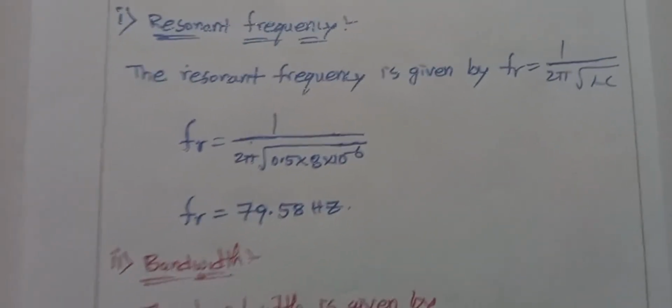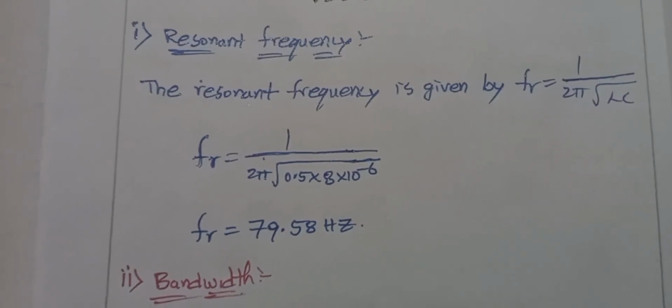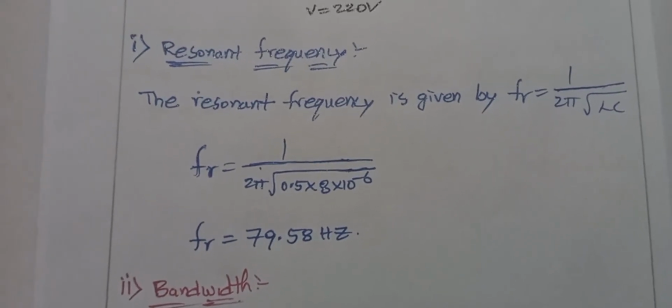Then first we are going to calculate resonant frequency. So already we know that resonant frequency for both series and parallel RLC circuit, FR equal to 1 by 2 pi root LC.